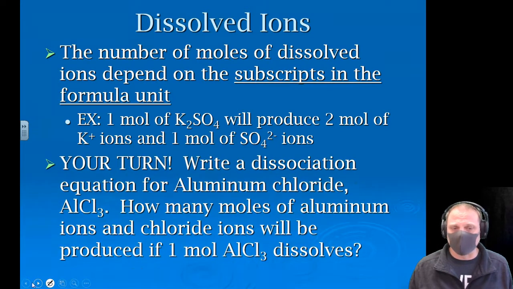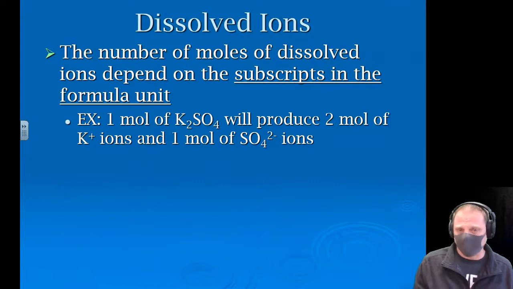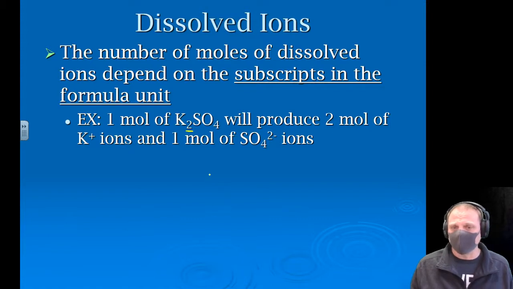All right, so let's look at what we get here when we talk about our dissolved ions, because we want to talk about the total number of moles in a product, right? And so when we look at K2SO4, for instance, the K2SO4 has a little 2 on the bottom here, and that 2 is indicating that there are 2 moles of the potassium ions once it is dissociated. Okay, and then the SO4 doesn't have a subscript after it, like it maybe could have had a 3 or something like that.